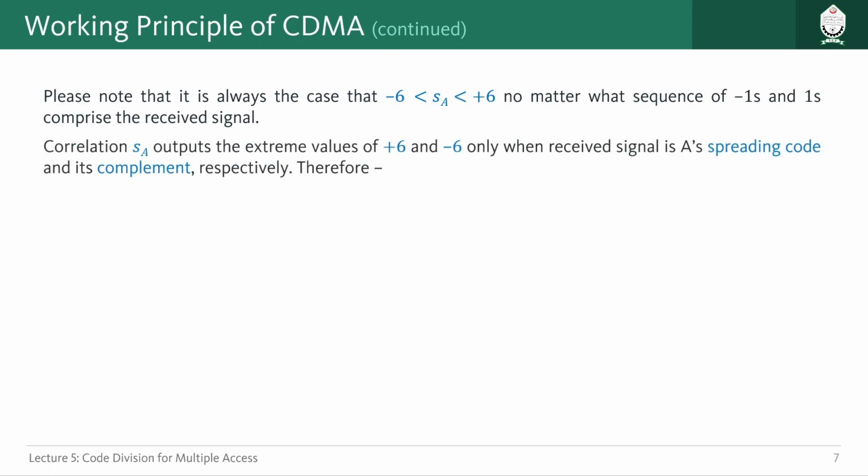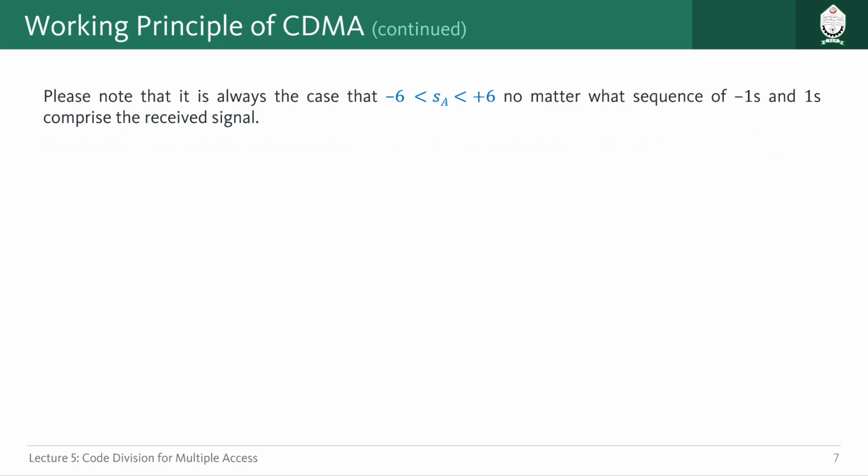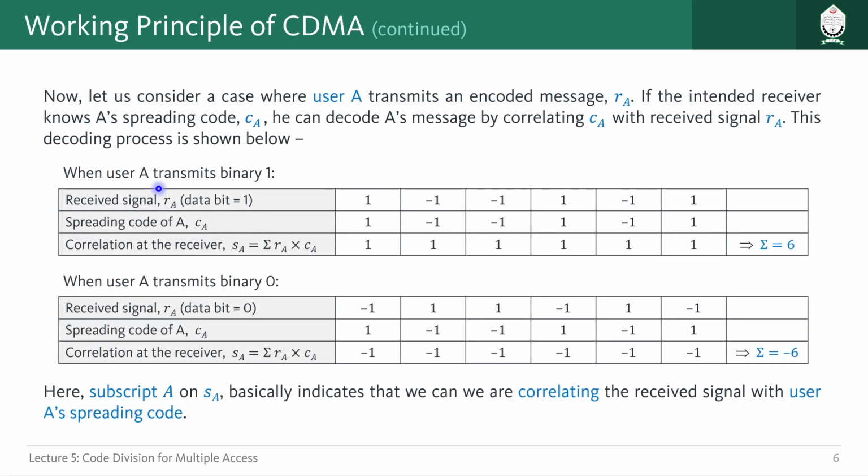And that is the maximum and minimum value, obviously +6 and -6, which is received whenever we receive user A's spreading code or the complement of that. Try to understand that. So previously you see here for transmitting binary 1, we actually received the spreading sequence of user A, and when 0 was transmitted, we got the complement of user A's spreading code, right?